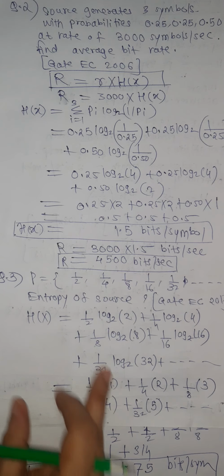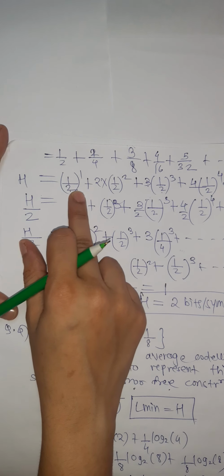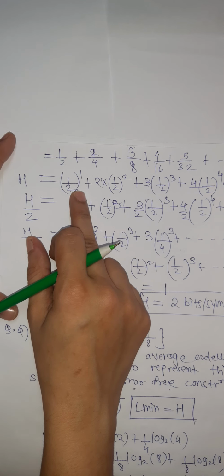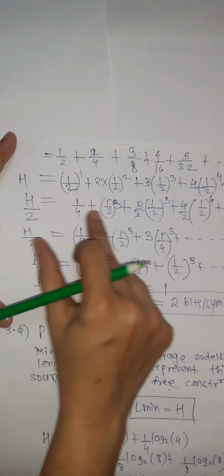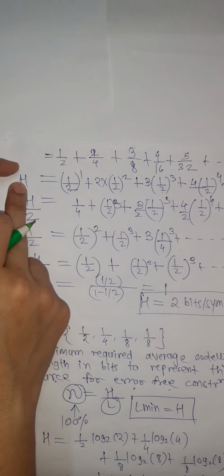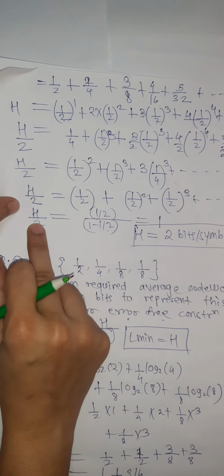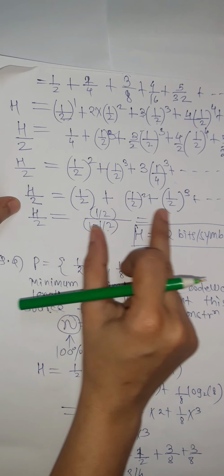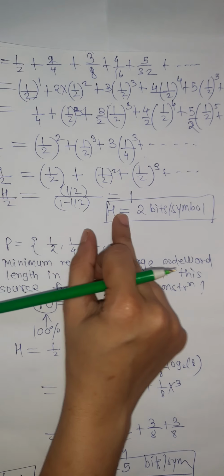Here I made some adjustments after solving for H of X. I tried to modify this question into series form, and after h by 2, that is dividing entropy by 2 on both sides, I get this expression, and after subtracting this h by 2 from this h, I got this expression. So now this represents a series like a plus a squared plus a cubed up to so on. So it will be a divided by 1 minus a. This is the series, and finally find the entropy.